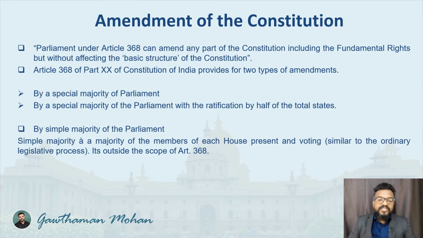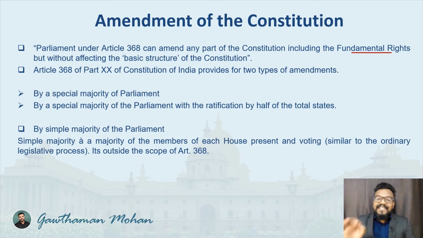The Parliament under Article 368 can amend any part of the Constitution, including the fundamental rights, but make sure that it is not affecting the basic structure of the Constitution. So without affecting the basic structure, the Parliament can make changes to our Constitution.